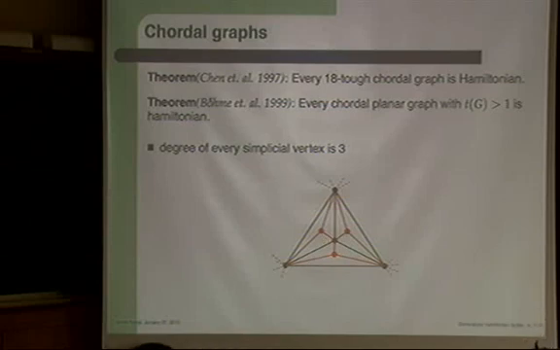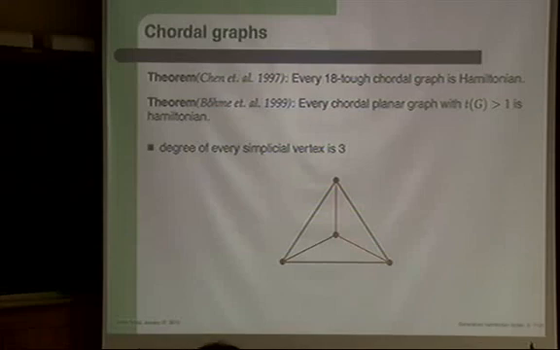In one step you can add only 2 simplicial vertices into a neighborhood. Now prove by induction: assume there is a Hamiltonian cycle in the graph. It goes through a simplicial vertex, you add at most 2 vertices into the neighborhood, and just locally extend the Hamiltonian cycle. So it's very easy.